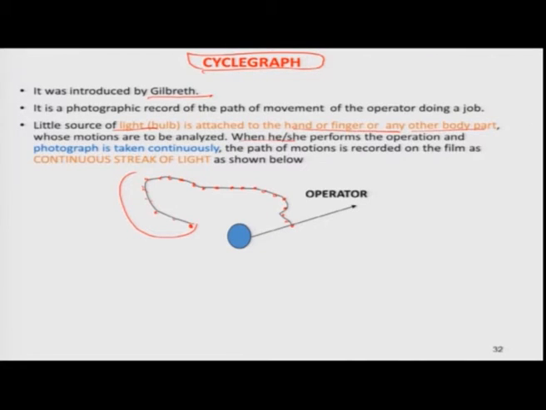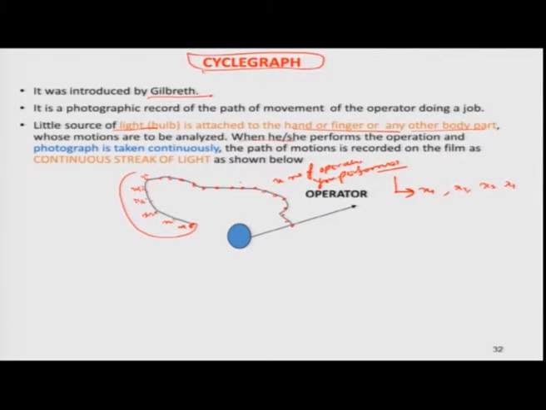Whatever path you have followed, it is recorded by the camera. Okay. Suppose x number of operations you performed. First you break the operation into x1, x2, x3, x4, x5, x6, like that.